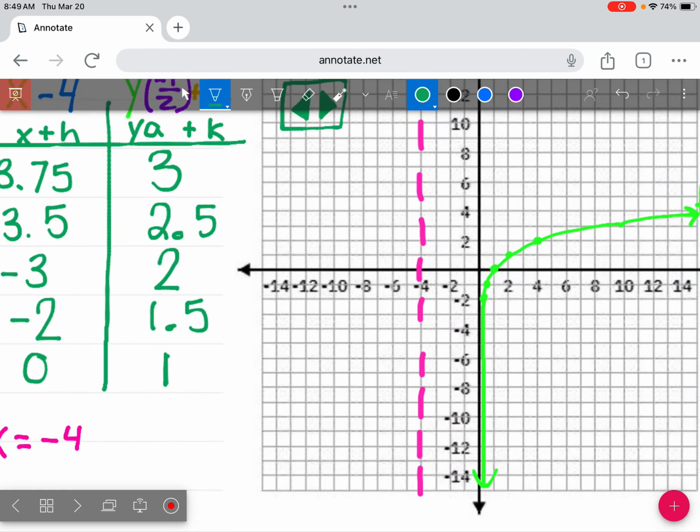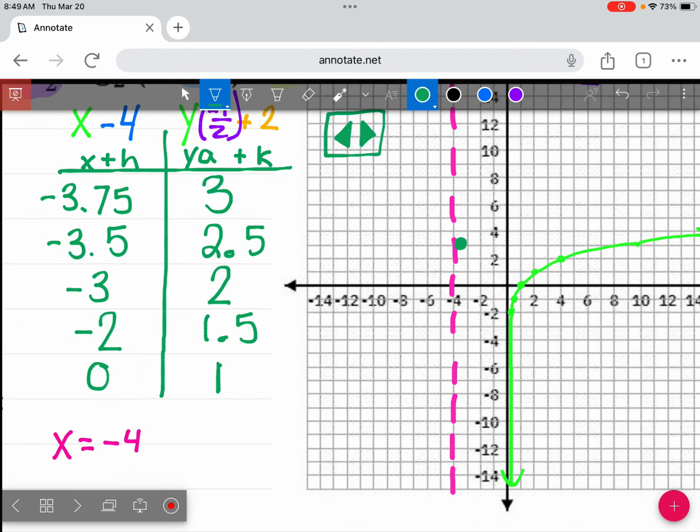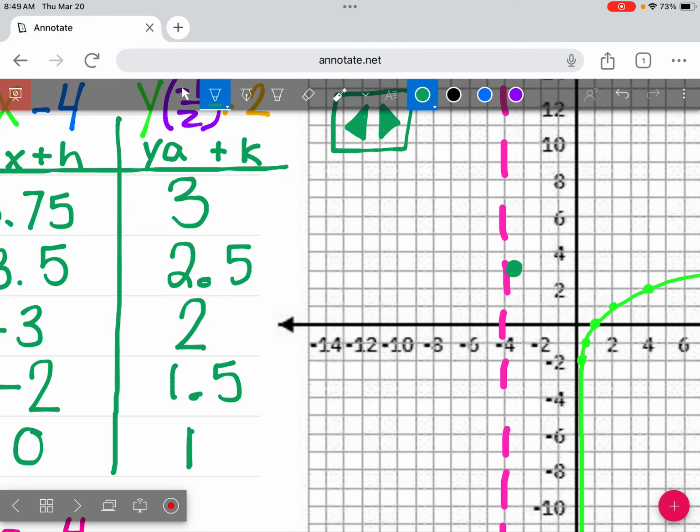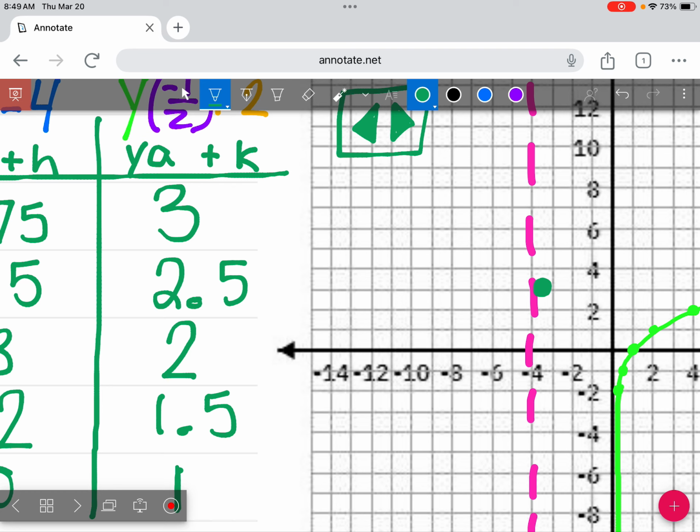And then we can plot up our points using our table, our -3.75, positive 3. It's going to be right up here. And these are very close together, so we are getting like the vibe of the point. Do not fret about how close together my -3.75 is about to be to my -3.5, which is at 2.5, which means it's kind of right there, so they're kind of connected, it looks like already.